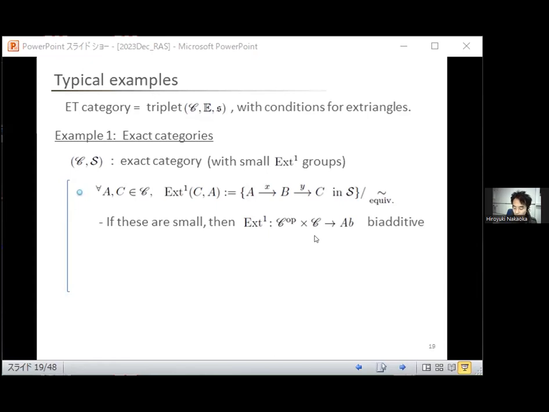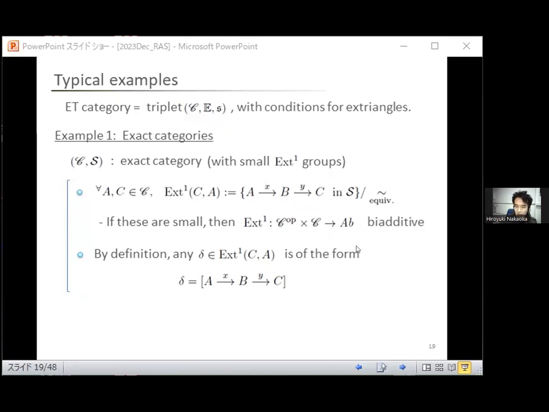So this is our E. And now we have to give a realization. Remark that any element, namely an extension delta for this bi-additive functor, is of this form. Namely, it is nothing but an equivalence class of sequences.